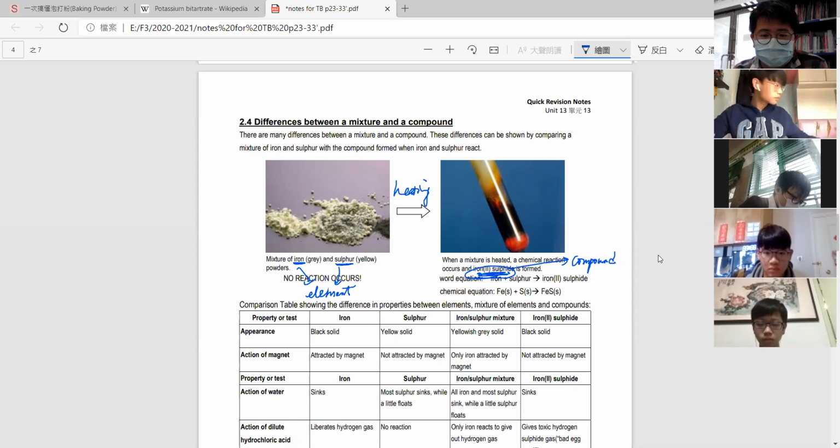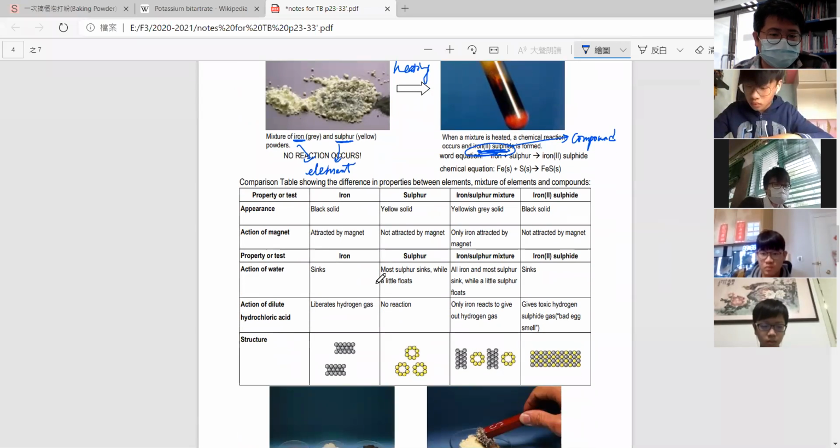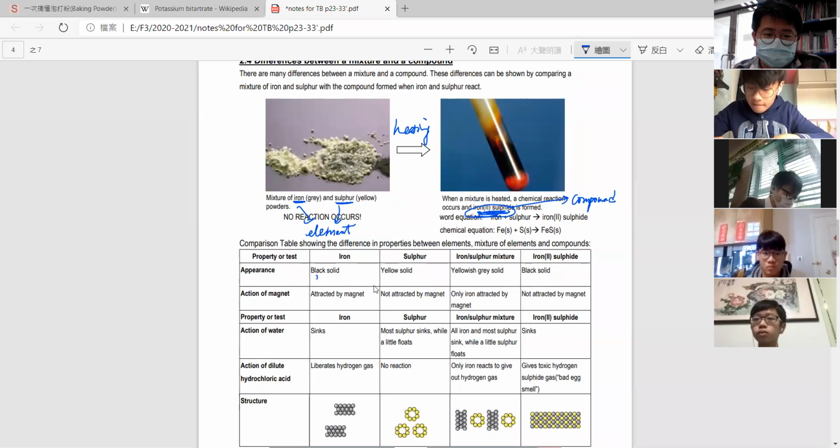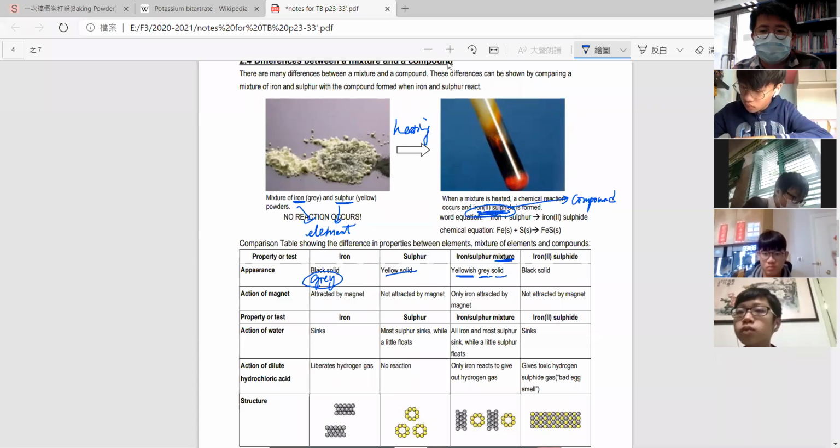Okay, a black substance. So you may compare the following cases. The first one, iron, is a black or maybe gray solid. But sulfur is a yellow solid. Once they are mixed without heating, you get a yellowish gray solid, which seems like a mixing of red bean and green bean.